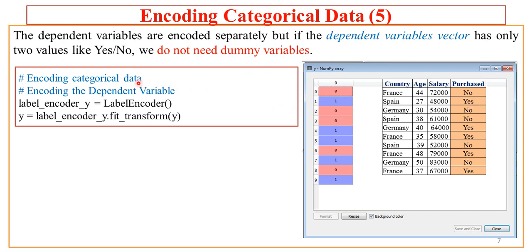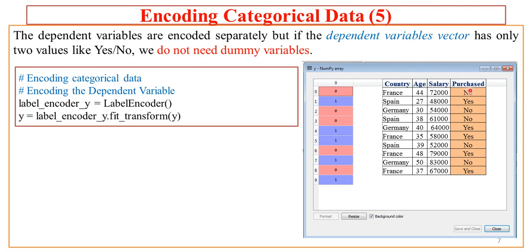While applying the encoding of the categorical data on the dependent variable y, in our case we'll just call the label encoder class to perform the encoding, and using this label encoder object for y, the dependent variable vector attribute, we'll call the fit transform method and apply this encoding on y, so that y will have a new form.